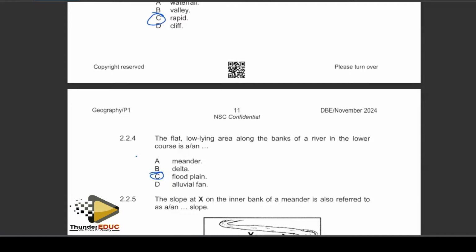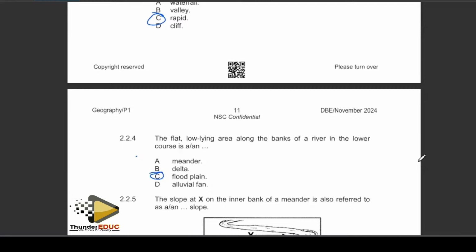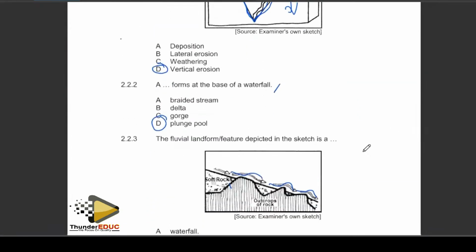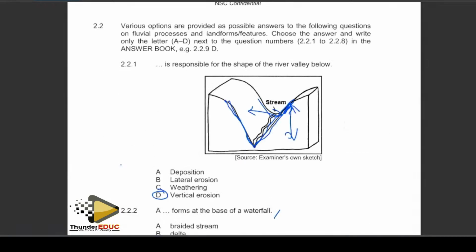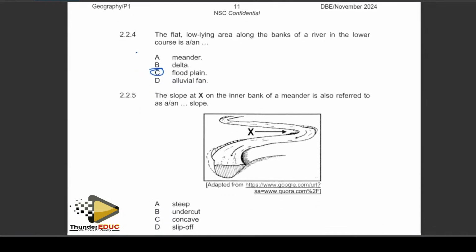Right, we're moving on to question number 2.2.5. It talks about the slope at X on the inner bank of a meander is also referred to as, I think, the two sides of a meander. We know them.